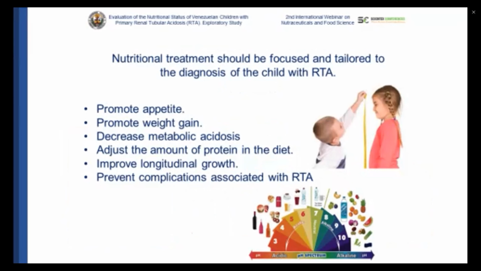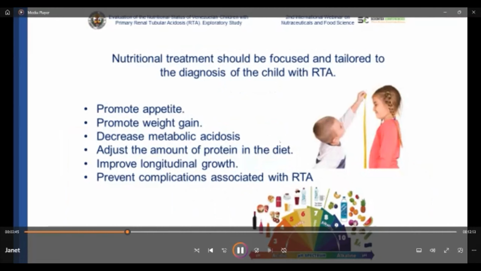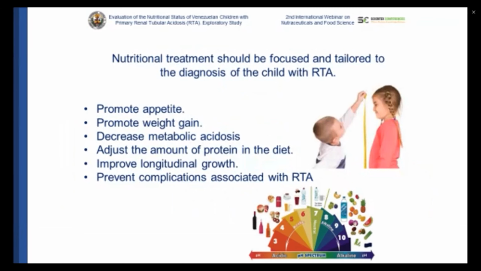Basically, nutritional treatment should be personalized and focused on the condition of the child diagnosed with RTA, a treatment that promotes weight gain and appetite, favors the correction of metabolic acidosis, controls protein intake, and, above all, benefits the longitudinal growth of the child and helps in the prevention of complications.